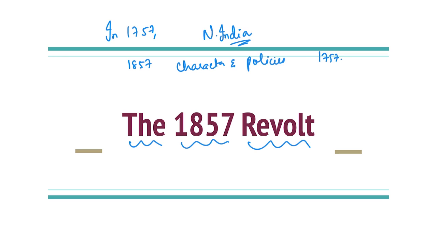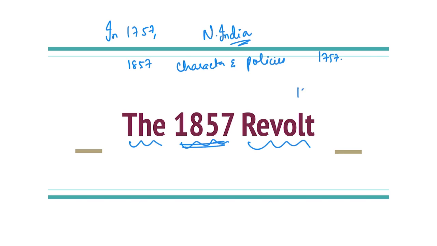Everyone was affected. The discontent burst in the form of the violent storm of 1857, and this shook the British Empire in India to its very foundations.